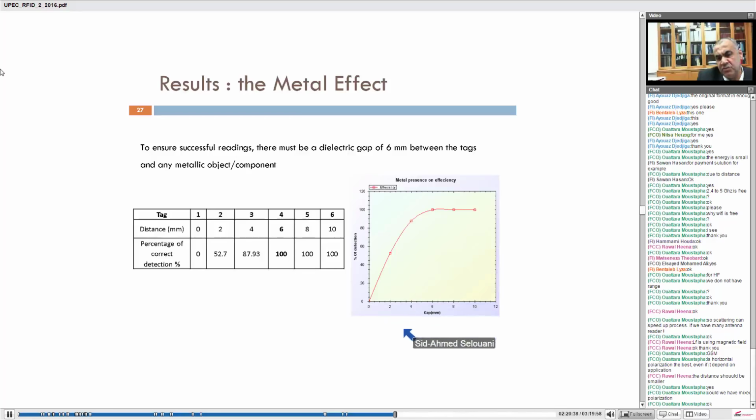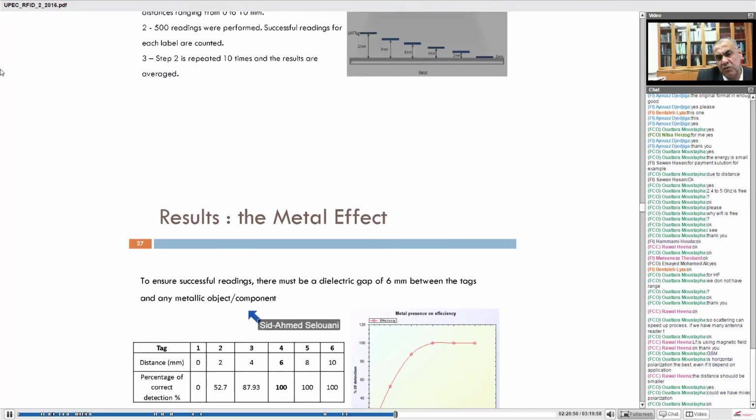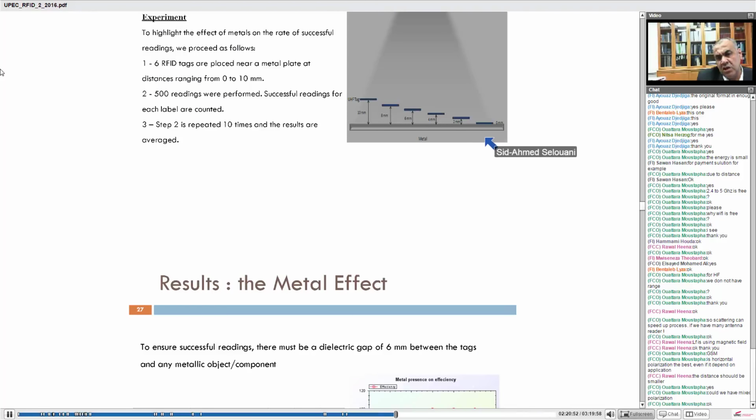And the results, when we are using the metal to assess the metal effect, are as follows. To ensure successful reading, if you have a gap from 0 to 4 millimeters, we are not at 100% successful readings.